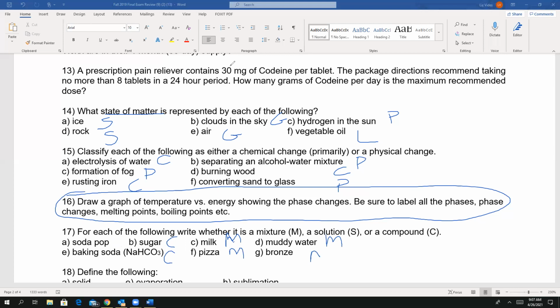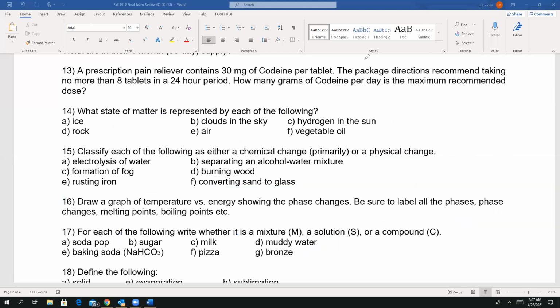That one is actually a solution, right? And so is this one. So remember, solution is a mixture, but it's a homogeneous mixture, right? All right, let's go clear this and go to the next part.